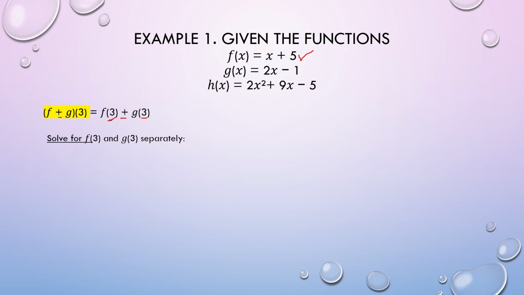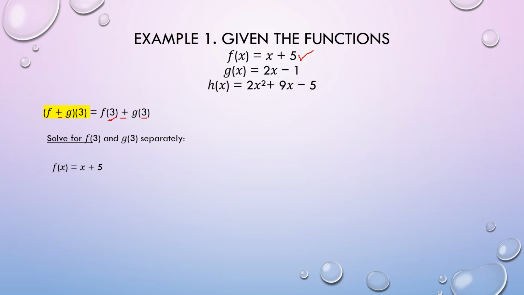So we have here f at 3, meaning we're going to replace x with 3, and g of 3, we will replace x with 3. So solve for f at 3 and g of 3 separately. We have here f of x is equal to 5x plus 3.